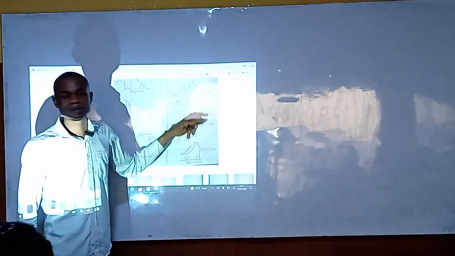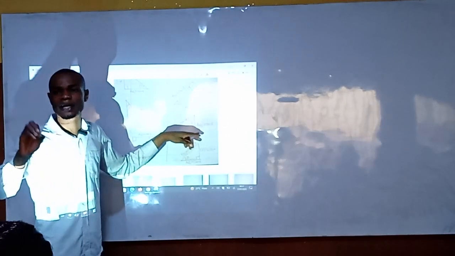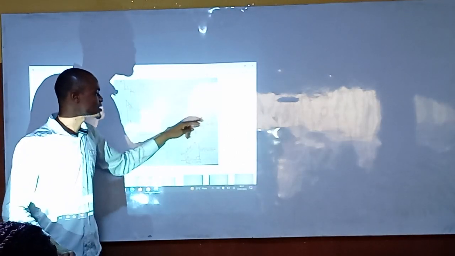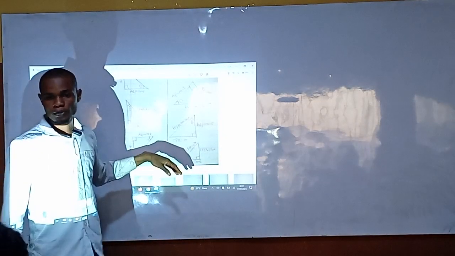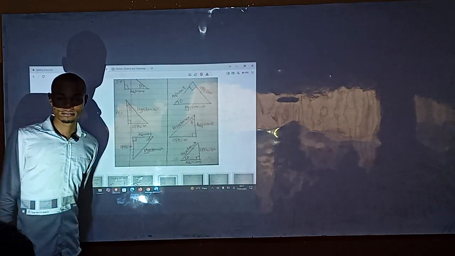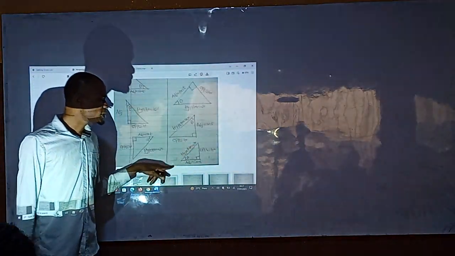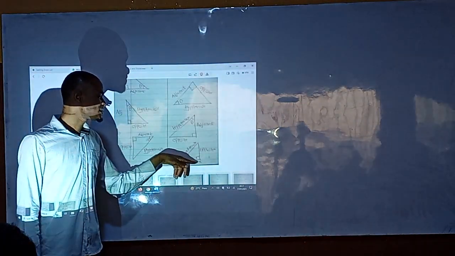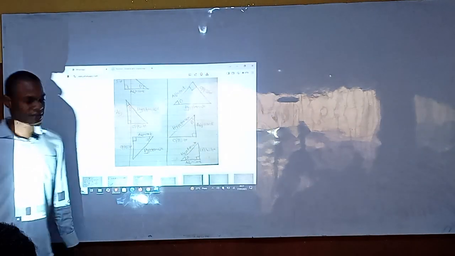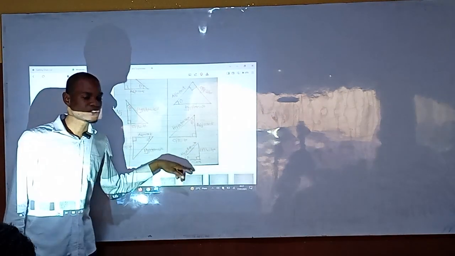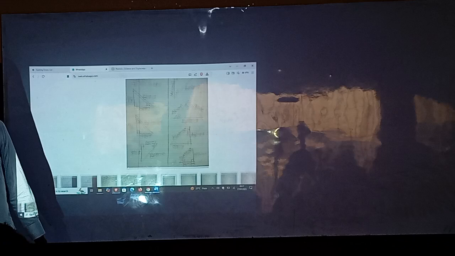This place becomes adjacent because the acute angle you want to use in your calculation is associated with it, and this place is opposite. This is hypotenuse facing 90 degrees, this is adjacent, and this is opposite, because the acute angle I want to use is associated with this line.